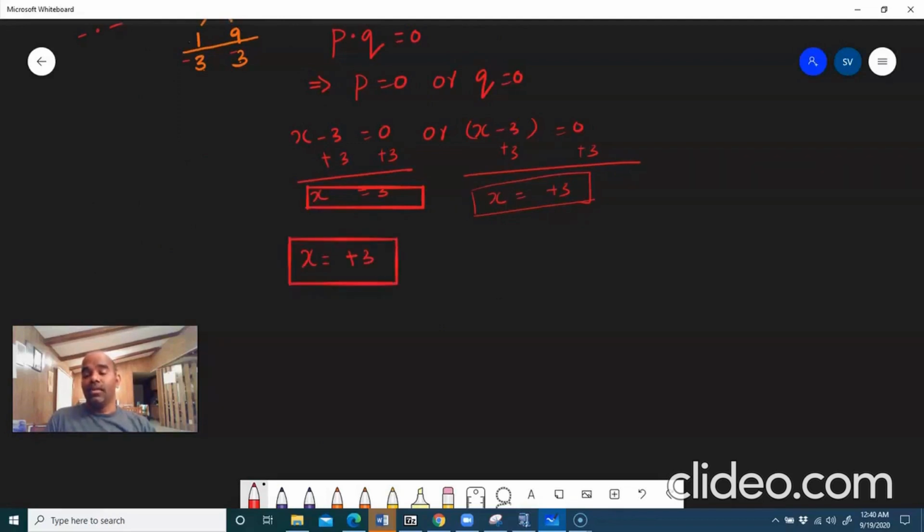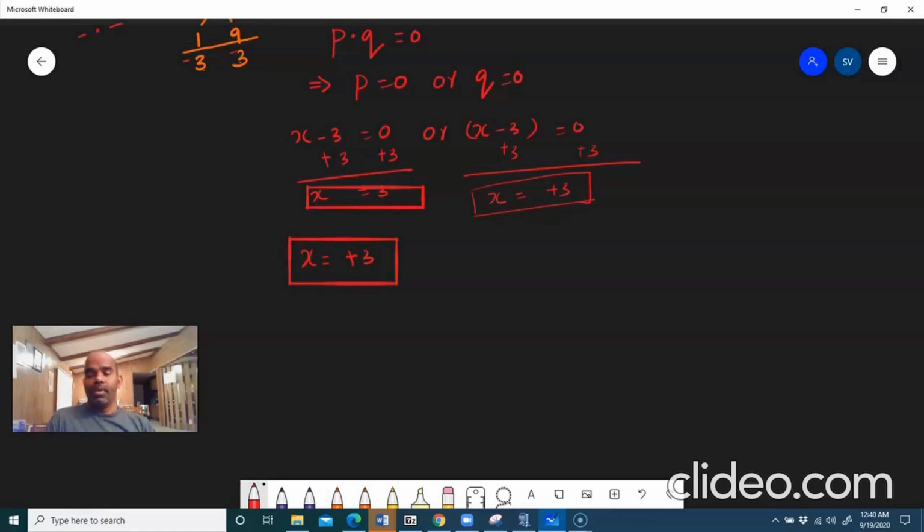At this point, you can ask a question. Because this is a quadratic, you said it depends on the degree. The number of solutions will be equal to the degree of the given expression. So because we factorized a quadratic, here we have only one solution.